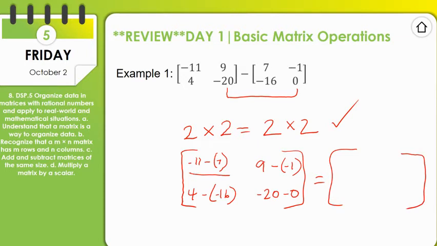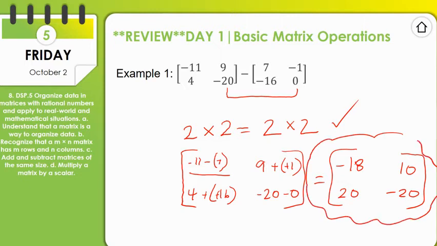Negative 11 minus 7 is negative 18. 9 minus a negative becomes positive. 9 plus 1 is 10. 4 minus a negative is plus. 4 plus 16 is positive 20. Negative 20 minus 0 is just negative 20. My solution.